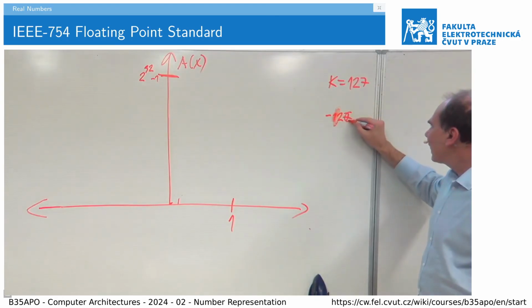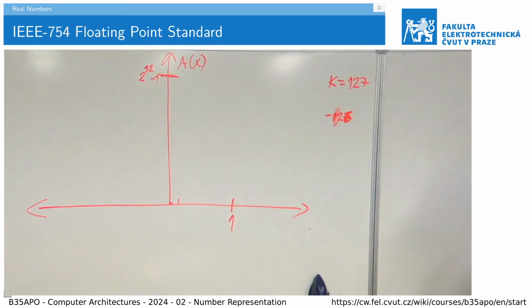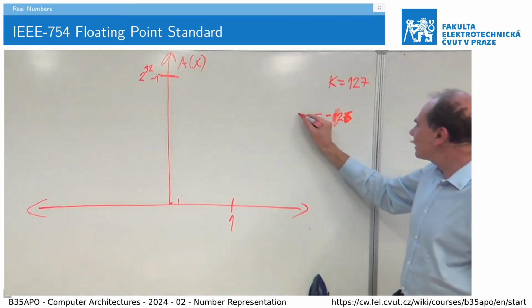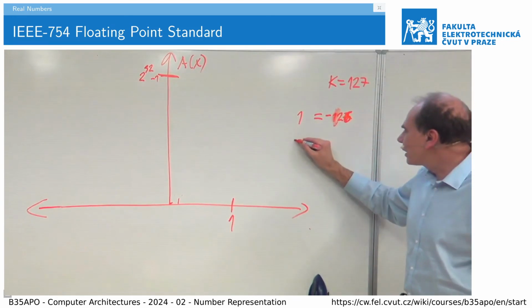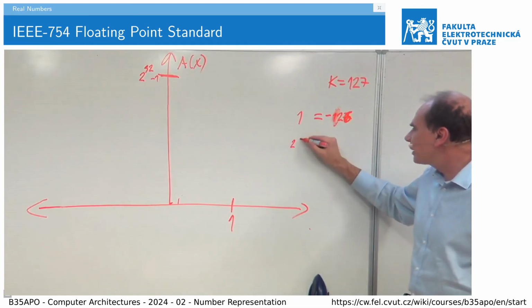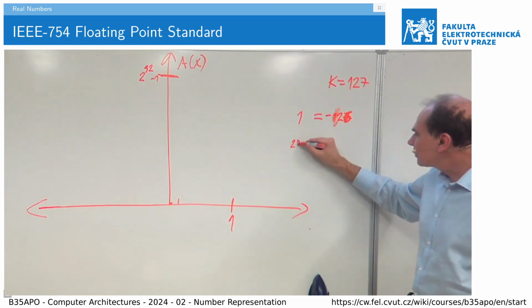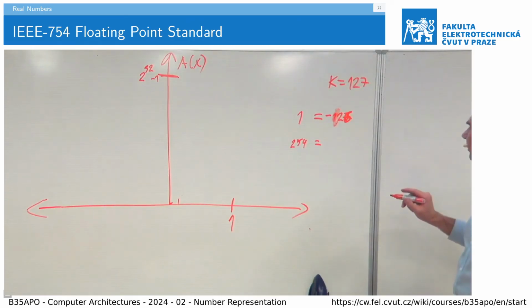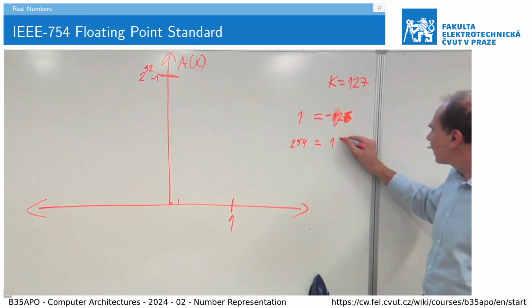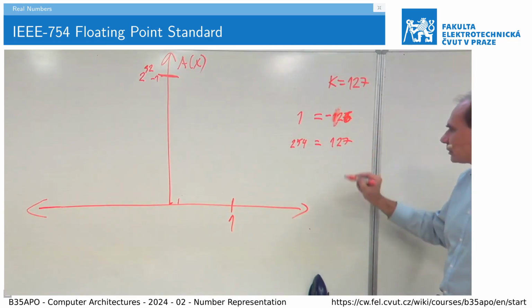So for the normalized numbers we take the range from minus 126, which is represented by a 1 in the encoded exponent. And the biggest value, 255, we reserve for overflow. So 254 is equivalent to 127, if you subtract 127. So this is the available range for the exponent.